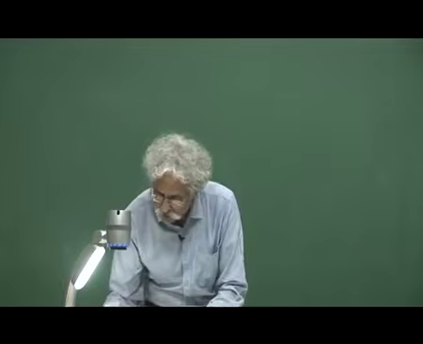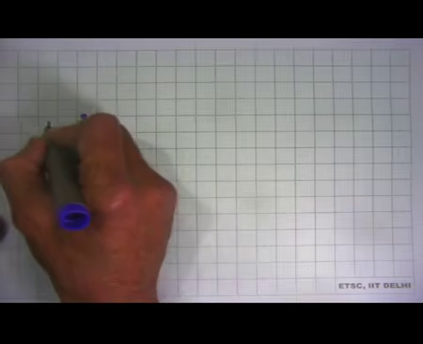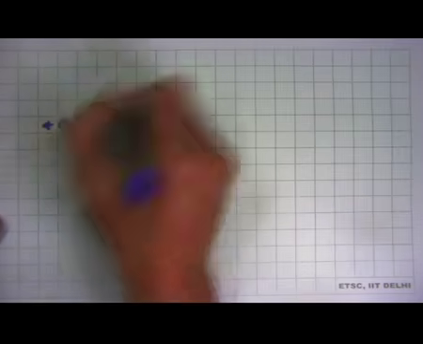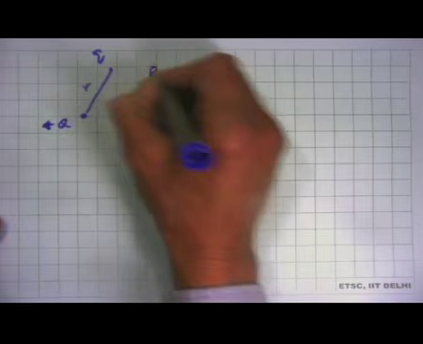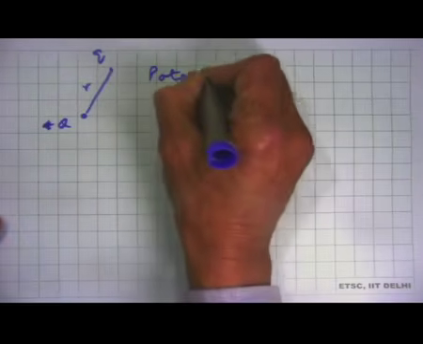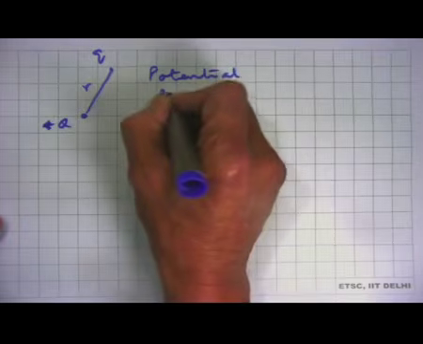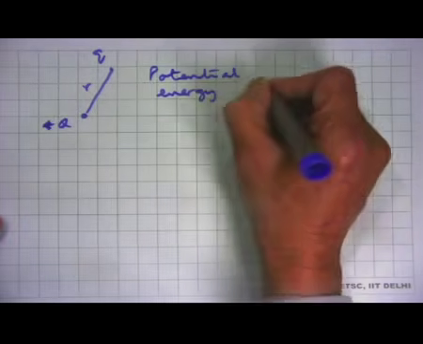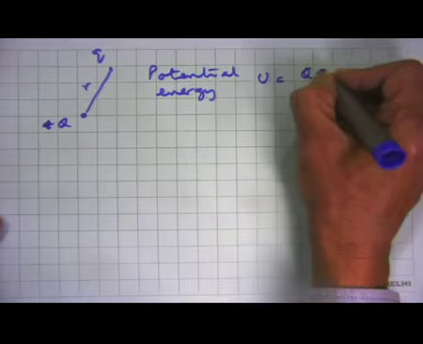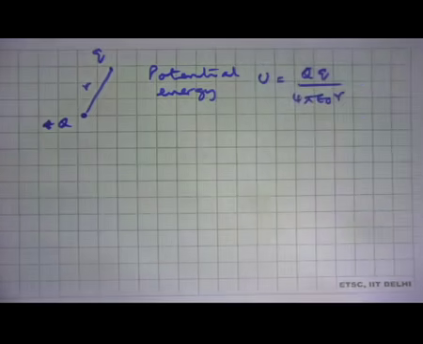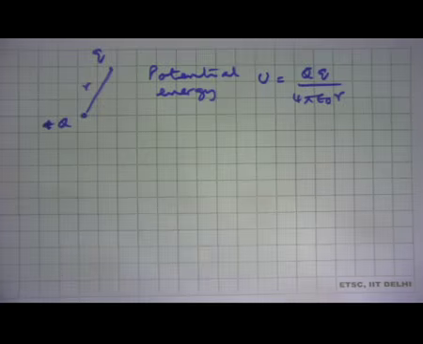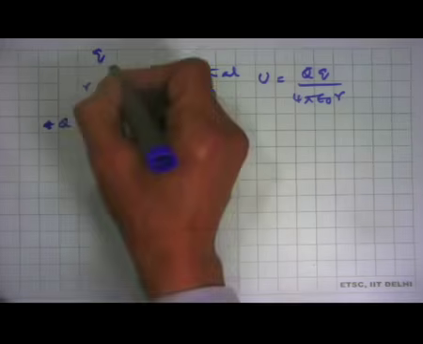So, if I have a charge capital Q and a small q separated by distance r, this is the potential energy of this pair of charges.